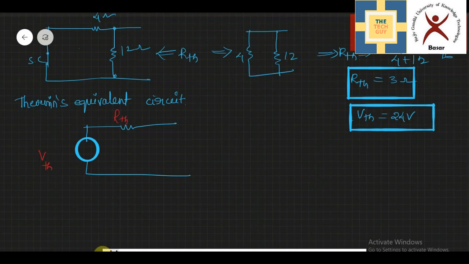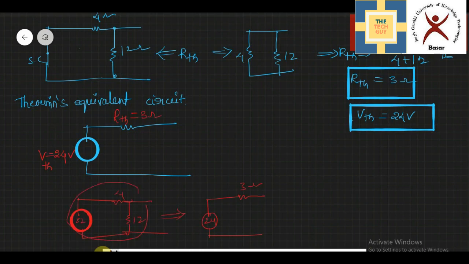We have found the values of both: 24 volts is VTH, RTH is 3 ohms. That means we have replaced this circuit having 32 volts and series resistances 4 ohms and 12 ohms with a small network consisting of a source of 24 volts and a resistance of 3 ohms. This is what Thevenin's circuit means. We have replaced this circuit with this circuit. That is the beauty of Thevenin's circuit.